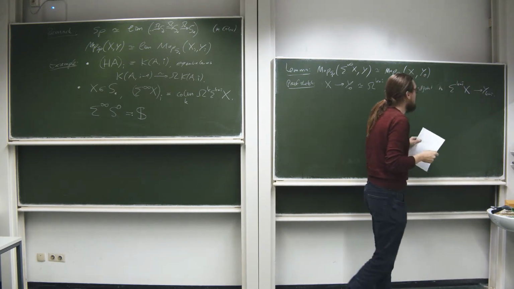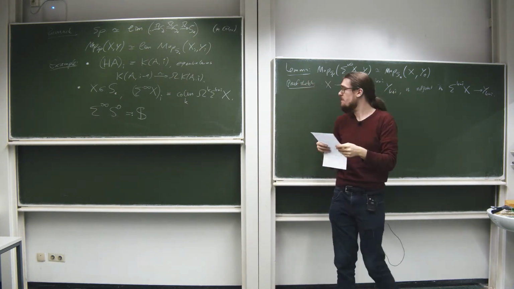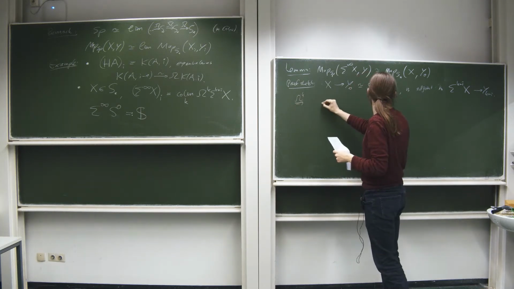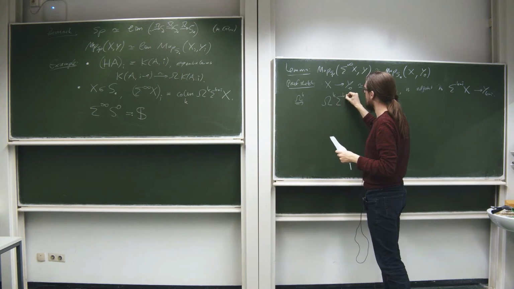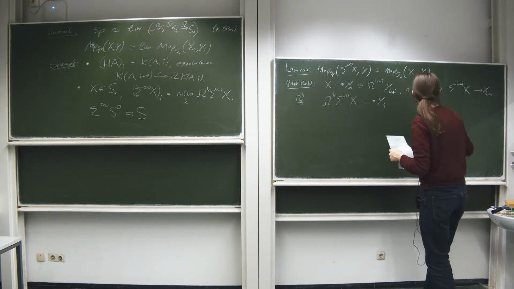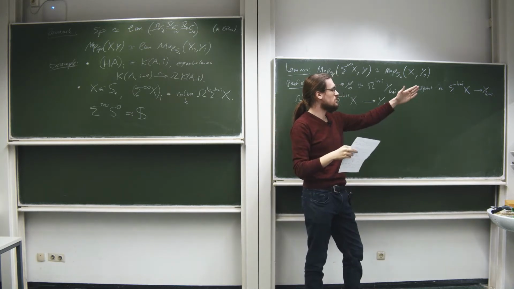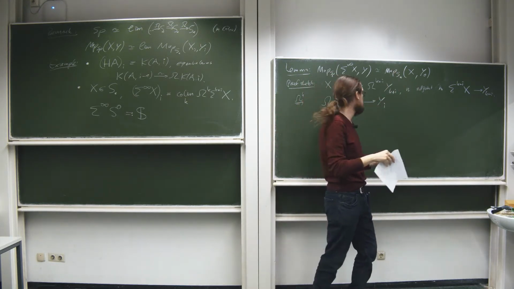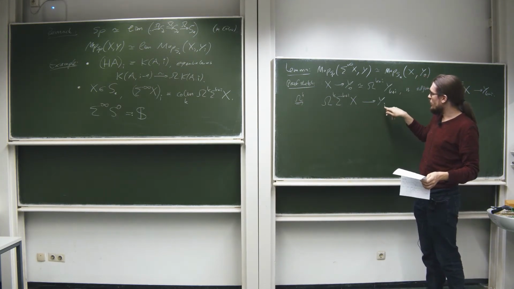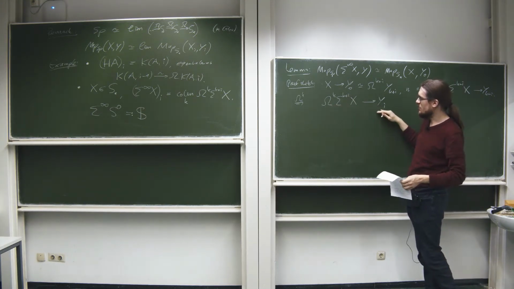And then if I loop this again k times, I apply omega k, I get a map from loops k sigma k plus i X to Y i, right? Again, we've used that loops of Y k plus i, I can identify that with the lower space in my spectrum. And now I have, for every k and i, produced a map like this. So in particular, for all k, I have a map like this.